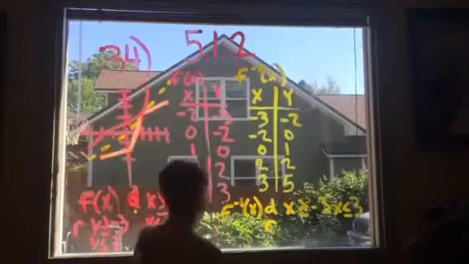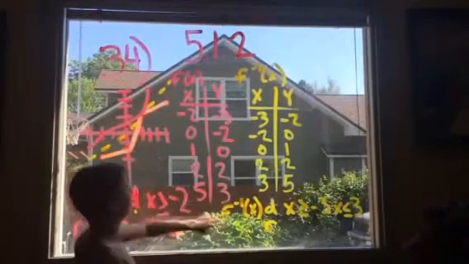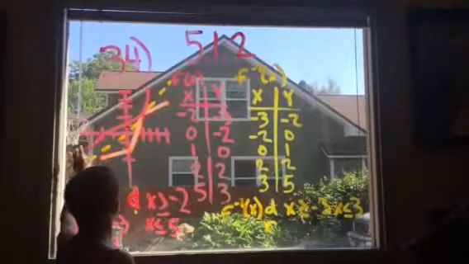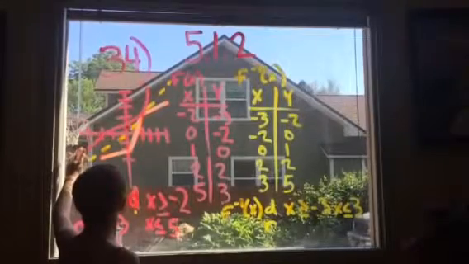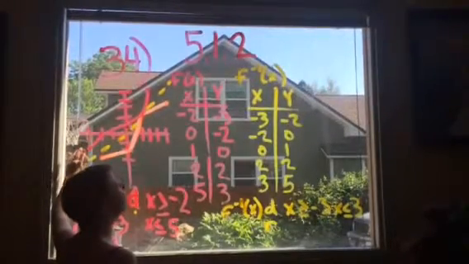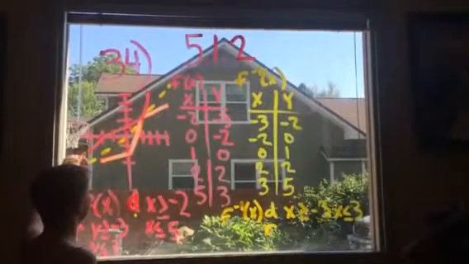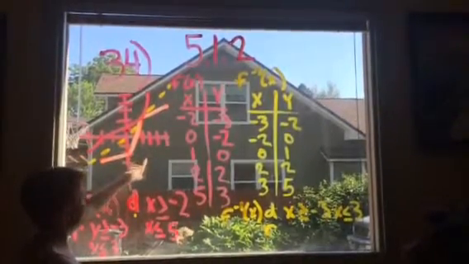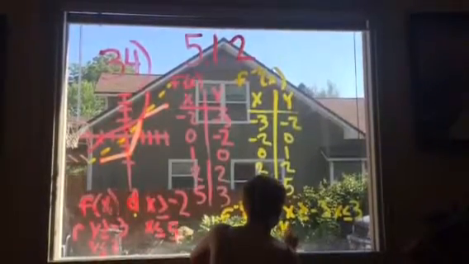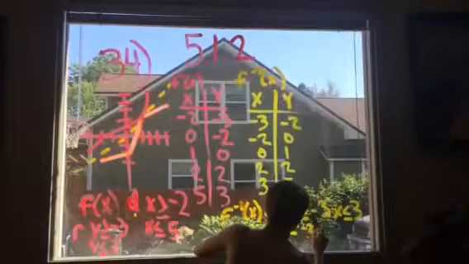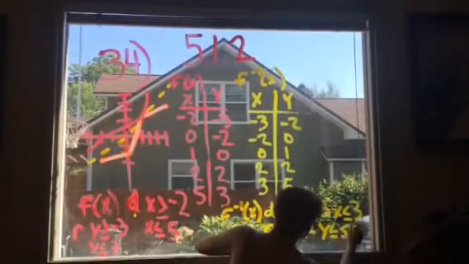Now the range for the new function: y has to be greater than or equal to -2 and less than or equal to 5. So y is greater than or equal to -2 and y is less than or equal to 5.